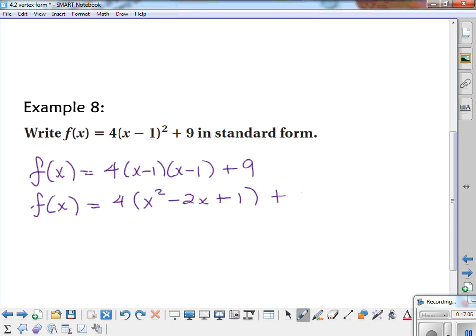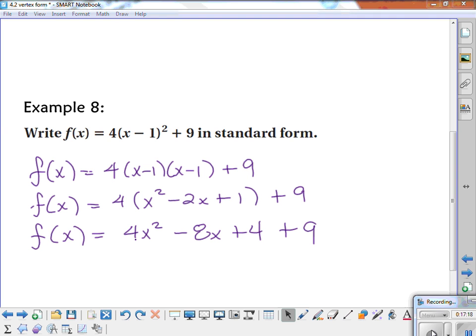And then I still have my plus 9. And then I distribute my 4. I get 4x squared minus 8x plus 4, but I still have a plus 9. And then all that's left is to combine your 4 and your 9 together. And so we get 4x squared minus 8x plus 13.